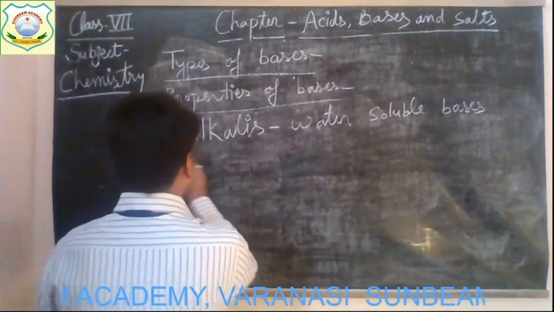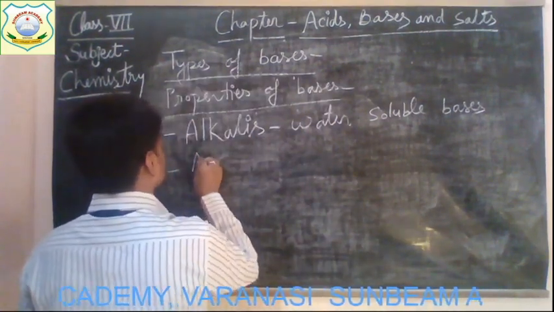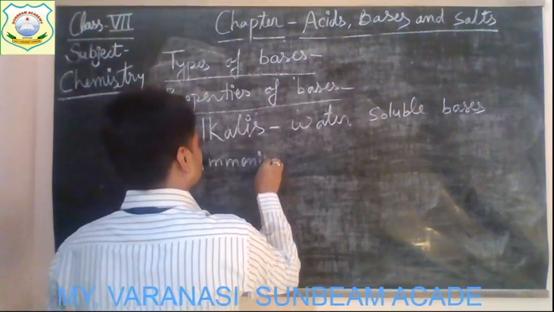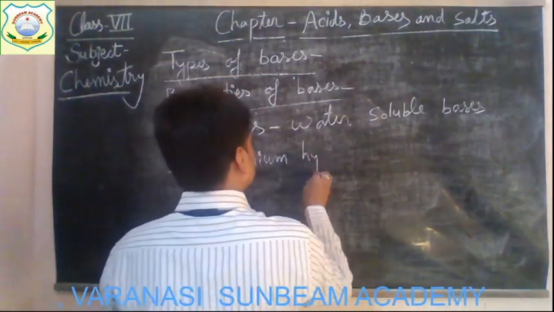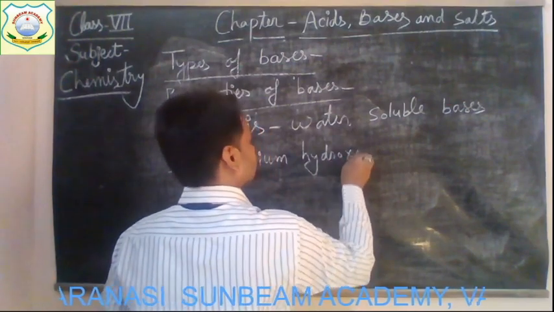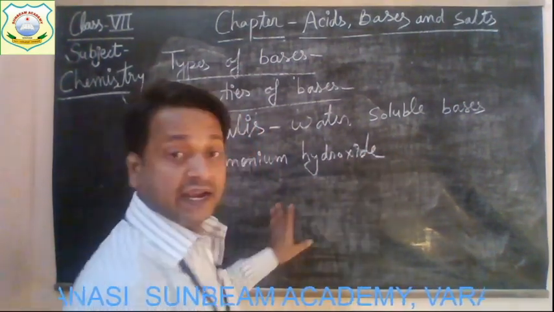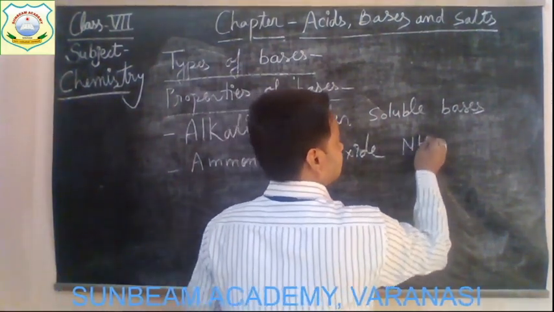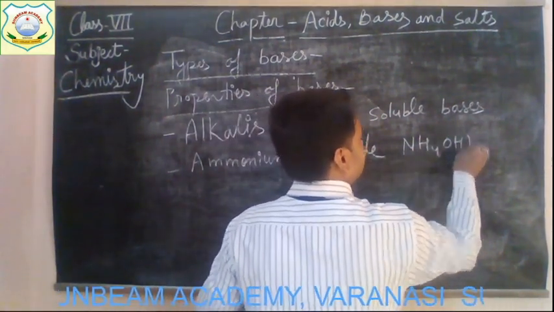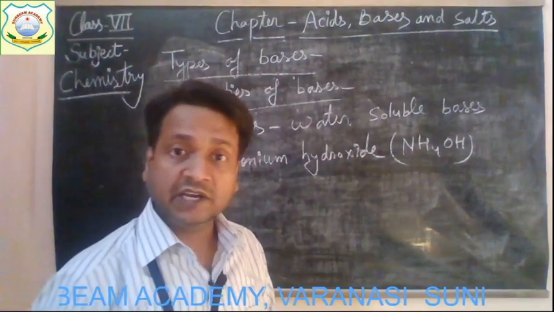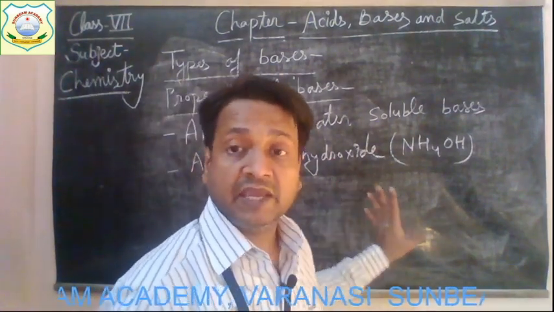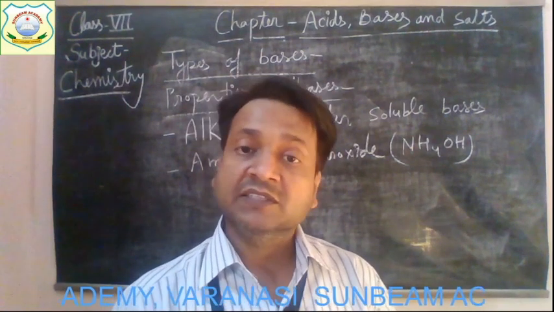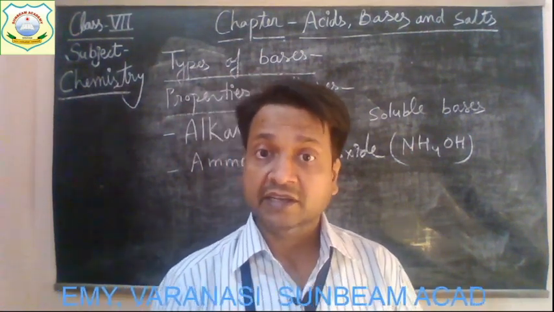Ammonium hydroxide, and the formula of ammonium hydroxide is NH4OH. Okay children, this is the only base that does not have a metal atom in its molecule. Got it?